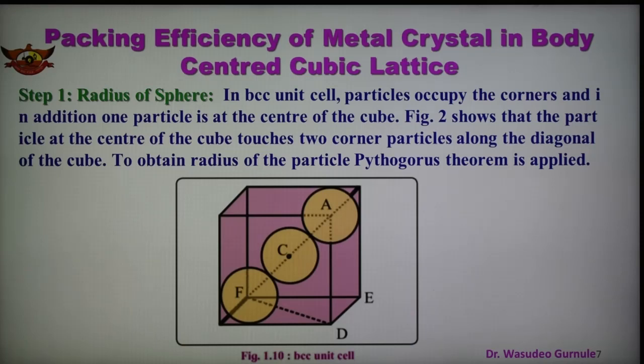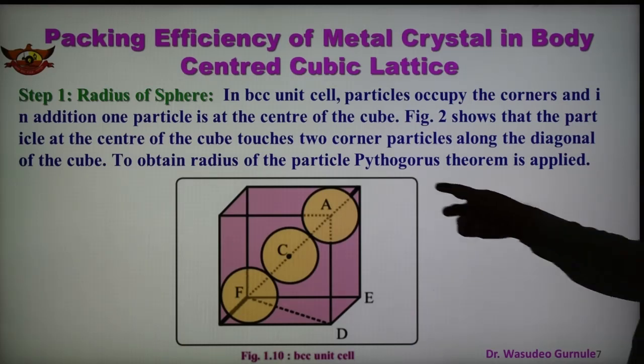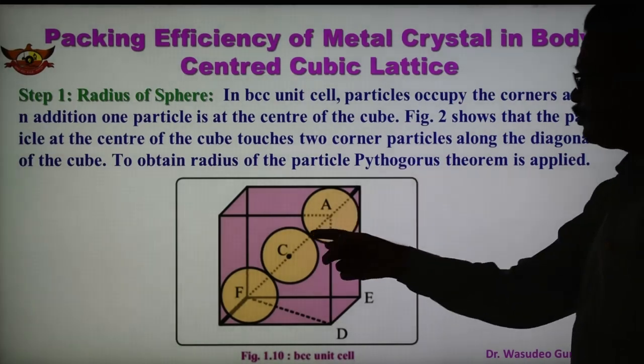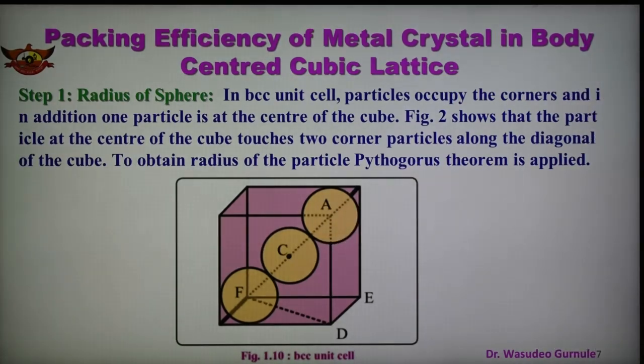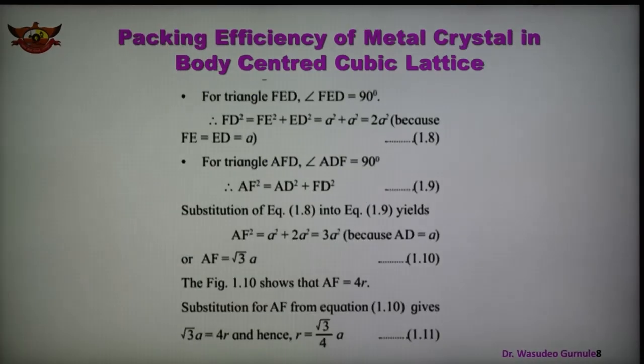To obtain the radius of the particle, we have to use the Pythagoras theorem. So this is the arrangement. By using Pythagoras theorem, we can calculate the radius of this particle. So it is shown here how to calculate.